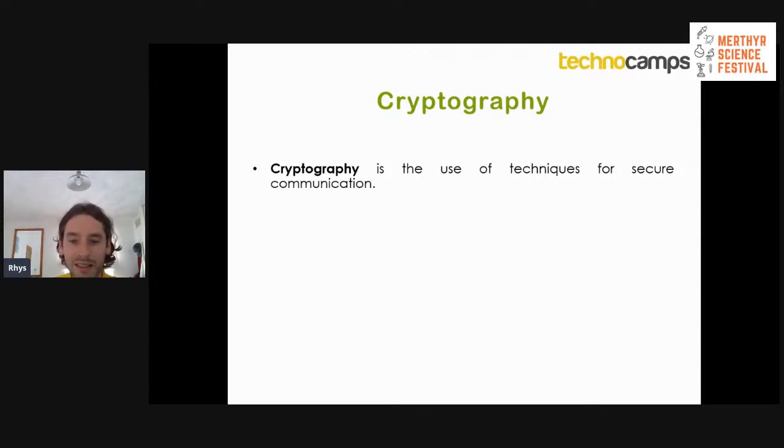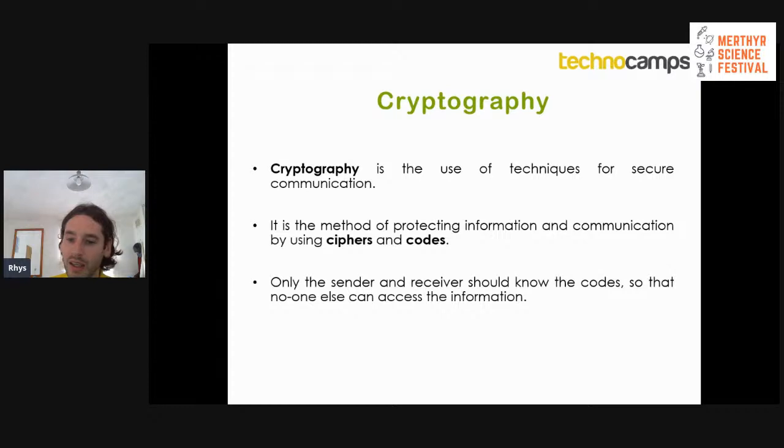We can use techniques to secure the message so it's not readable for other people. It allows us to protect the information using things like codes and ciphers. The intention is that anybody in between the sender and the receiver, anybody possibly intercepting the message, will find it very, very difficult to read or figure out what the message is.